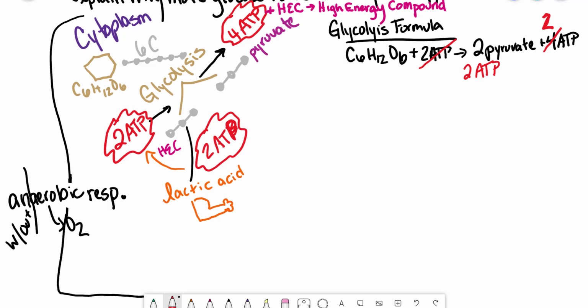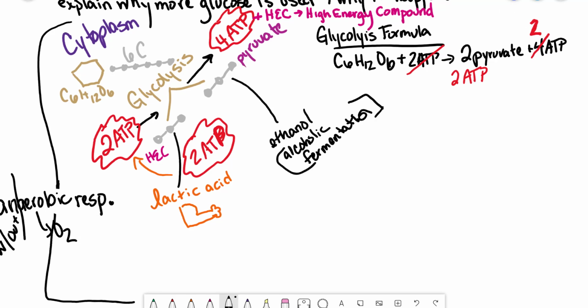Let's talk about bacteria. So our other option is we can take that pyruvate and turn it into ethanol or alcohol. When I take that pyruvate and I convert it into alcohol or ethanol, it's called alcoholic fermentation.